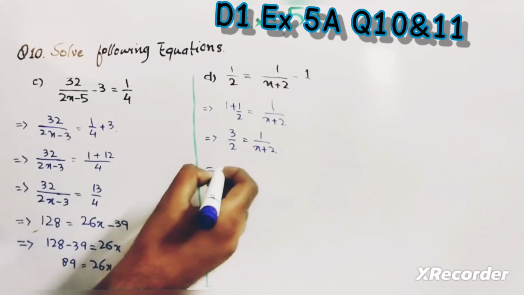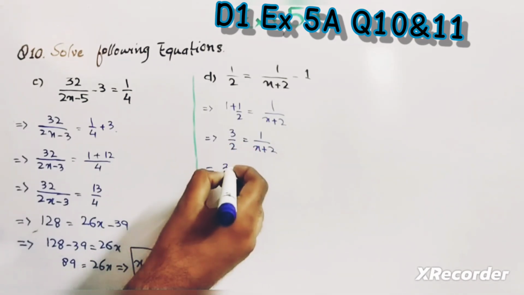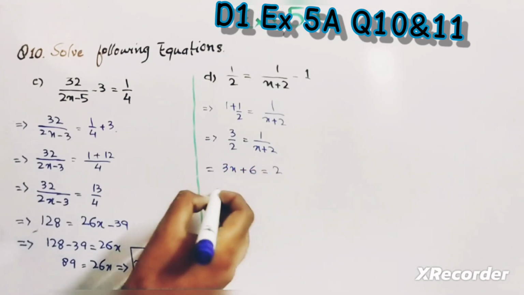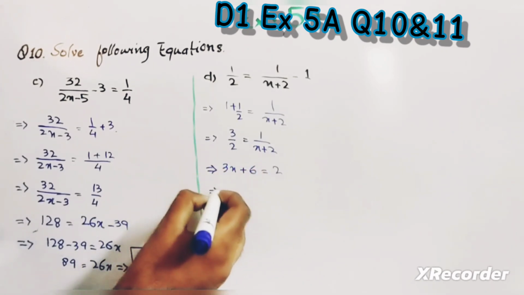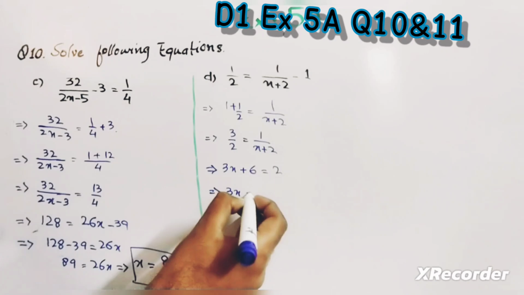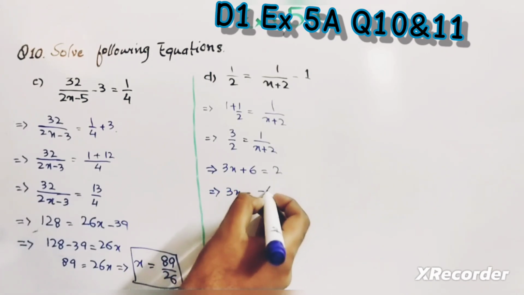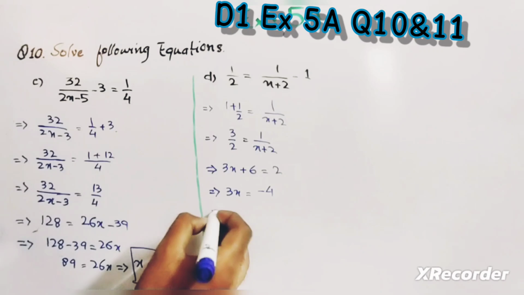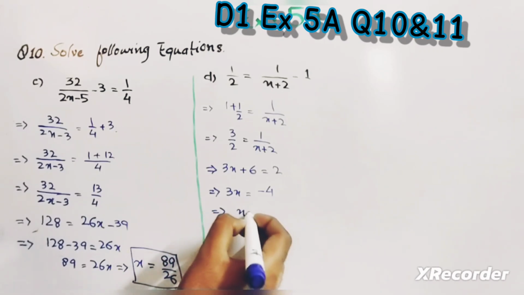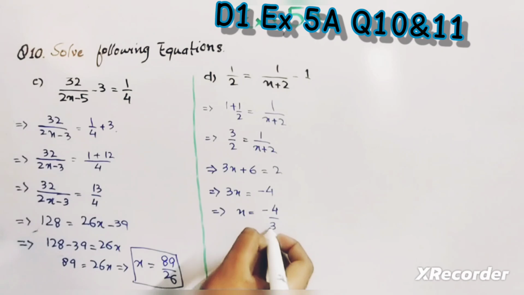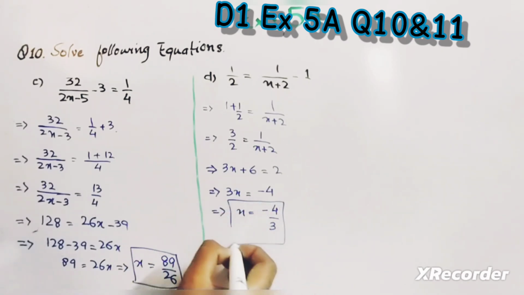Now by cross multiplying, we get 3x plus 3 times 2 is 6 is equal to 2. So 3x will become 2 minus 6 is minus 4, and x will become minus 4 upon 3, and that is our required answer.